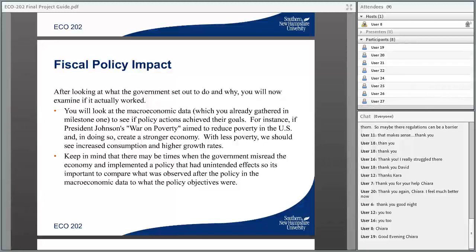And the last slide is the fiscal policy impact. So you've used the data that you have researched in milestone 1, you have related it to the fiscal policy action and what their intent was, what they were trying to achieve. And by integrating and cross-referencing the data with the policy actions, you will be able to determine the impact of the policy.